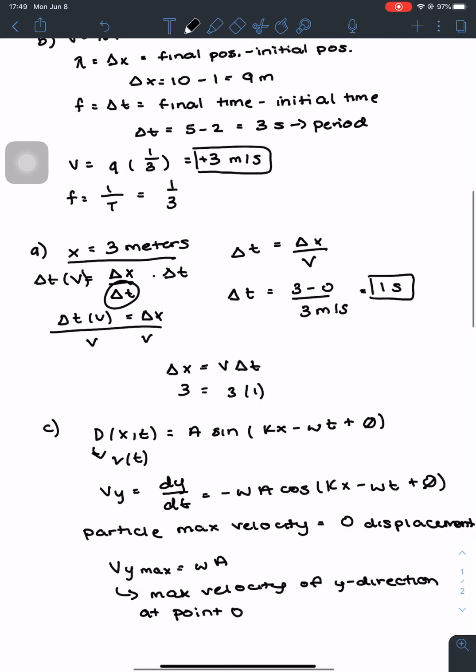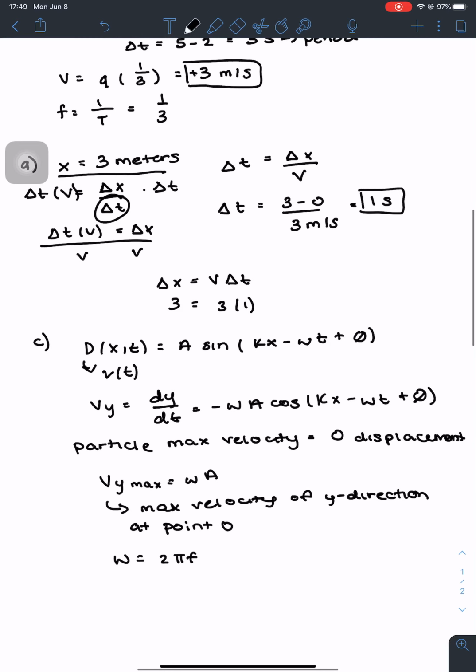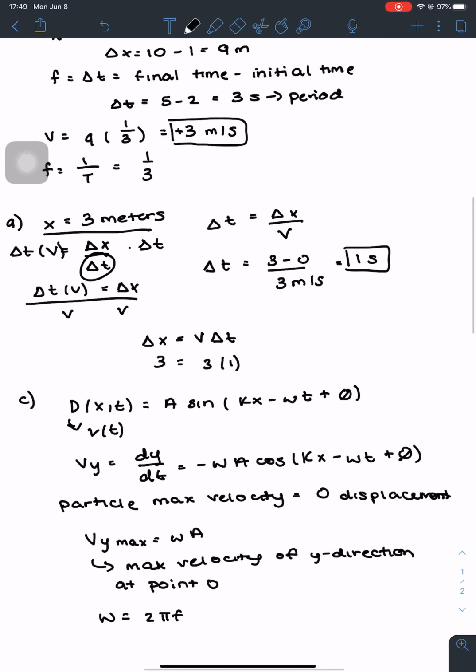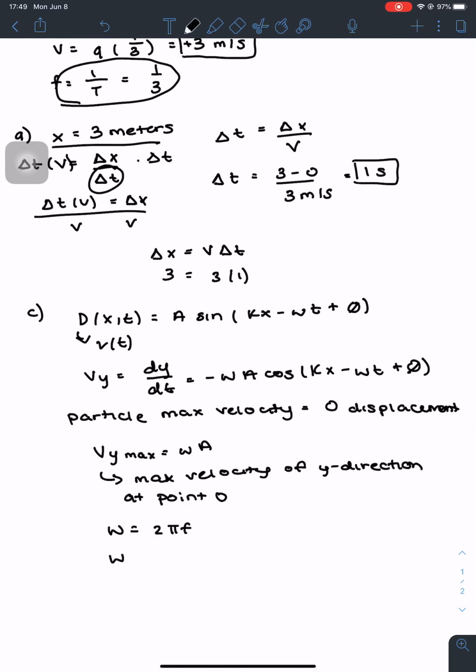So to find omega, we use the formula 2 pi times frequency. In this case, since we already know that the frequency right here is 1 over 3, we will put 2 pi times 1 over 3, or 2 pi over 3.